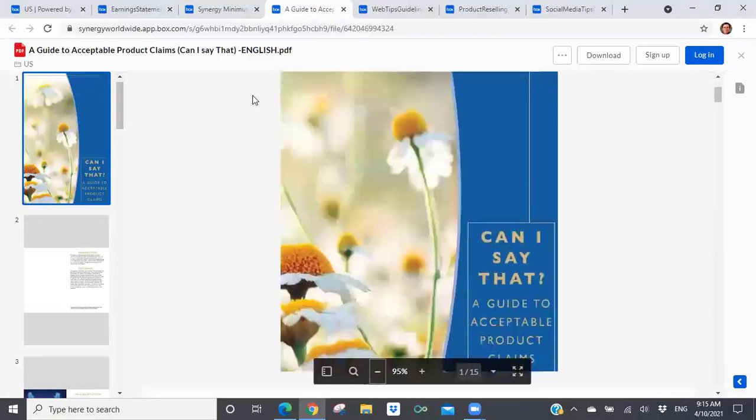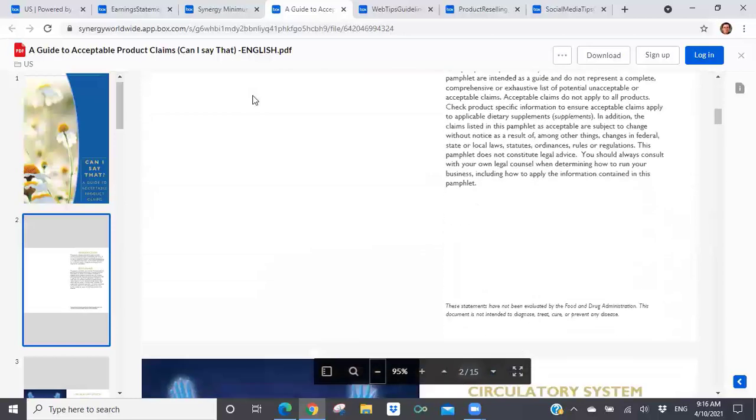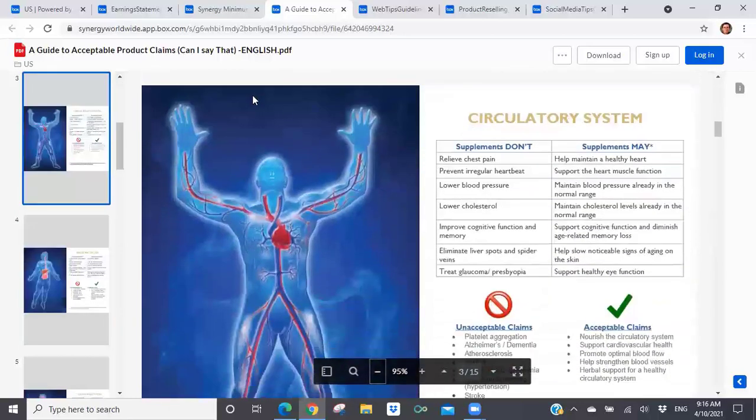Can I say that? And as you scroll down through here, it is broken down into body systems. The first one that they start with is the circulatory system. I'm going to go down to this last one here. I've had several people call me or email me asking if Proaction Plus can treat glaucoma.